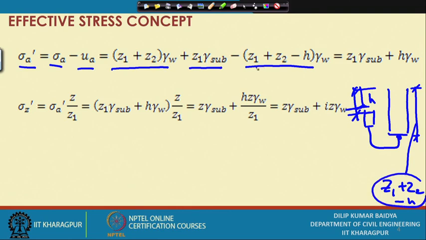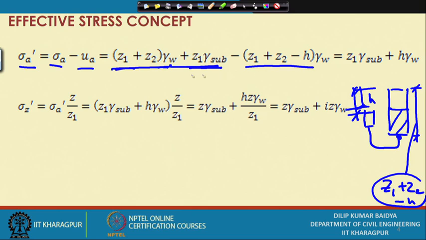So, sigma a is calculated because z 1 and z 2 are there, gamma w, and soil was that into z 1. So, z 1 into gamma submerged, this is total stress. And at this point, what is the hydrostatic pressure giving? z 1 plus z 2 minus h, and this into gamma w.